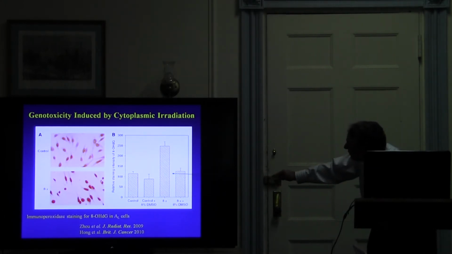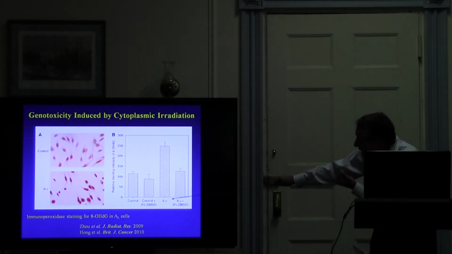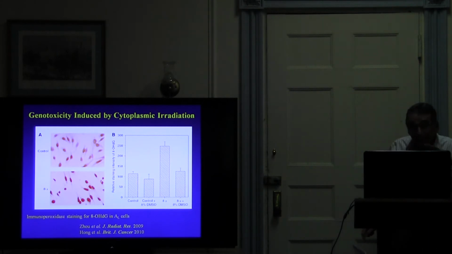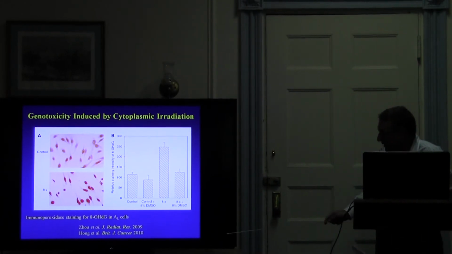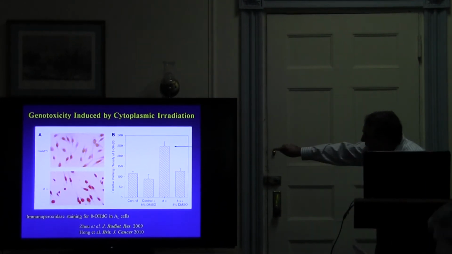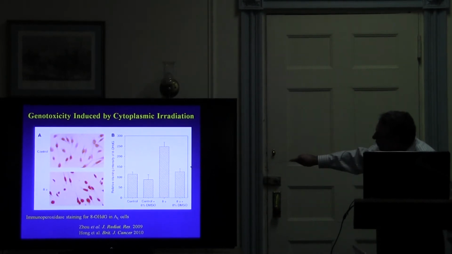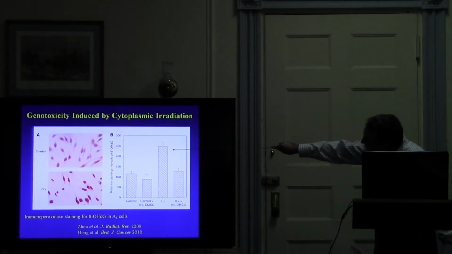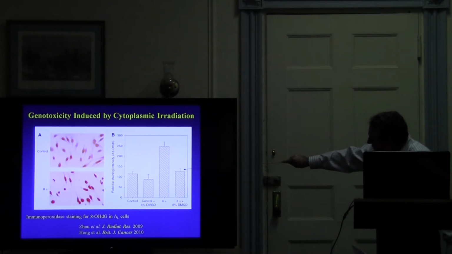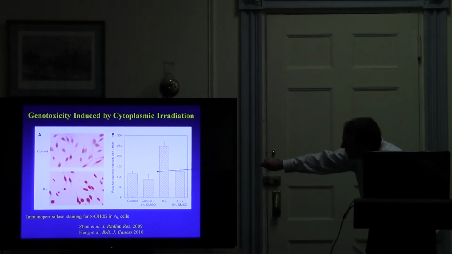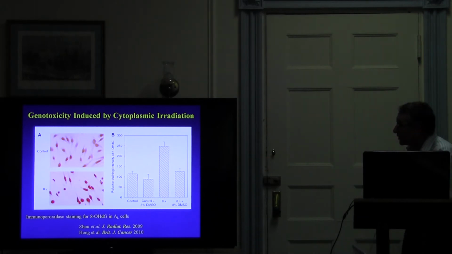That's the level after you hit the cytoplasm with alpha particles. These will not kill the cell; the cells will remain alive. And if you treat with 8% DMSO, the level of staining for 8-hydroxydeoxyguanosine comes back to almost control level.